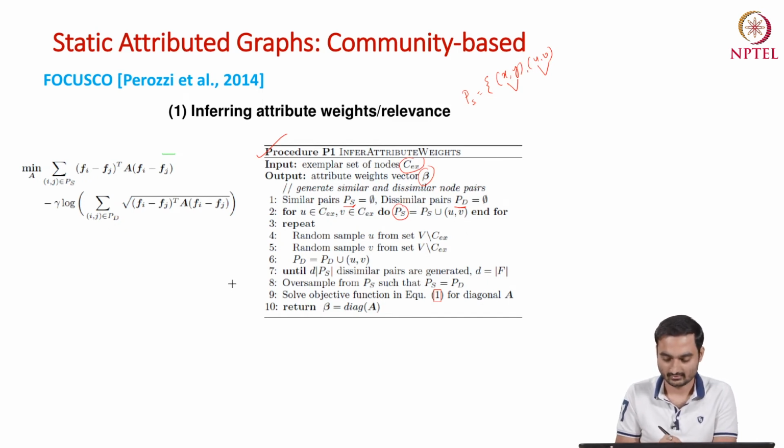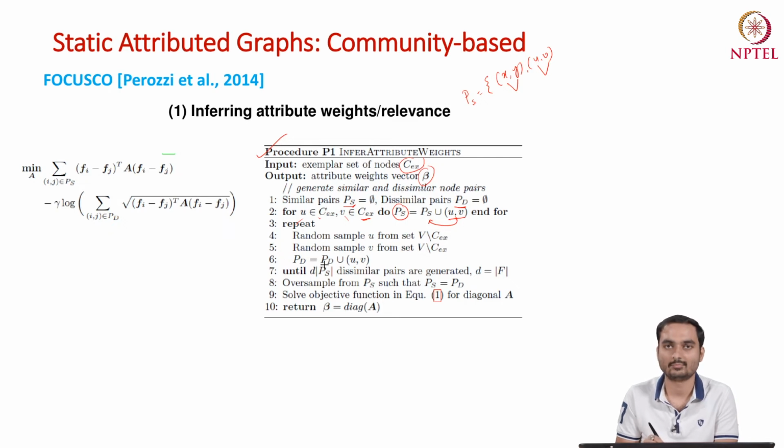We take a pair of nodes from C_EX, U and V, and we create a pair UV, and then we add this pair to P_S, because we know that within C_EX all the nodes are similar. So, we take pairs and we populate P_S.